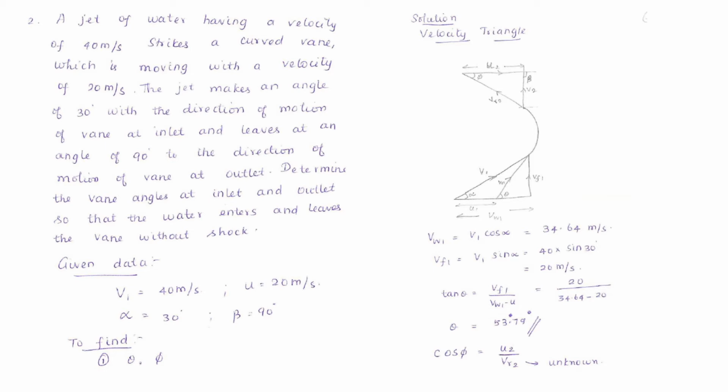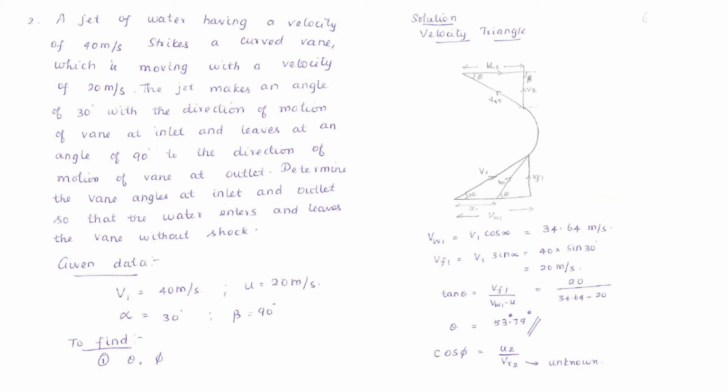And in the outlet velocity triangle, they have given that the water is leaving at the outlet at 90 degree. So beta is 90 degree. So you have to draw a straight line which is perpendicular to the curved vane. So that is V2. The vane is also moving, so it is U2. We will get VR2, that is the relative velocity. It makes an angle of phi.